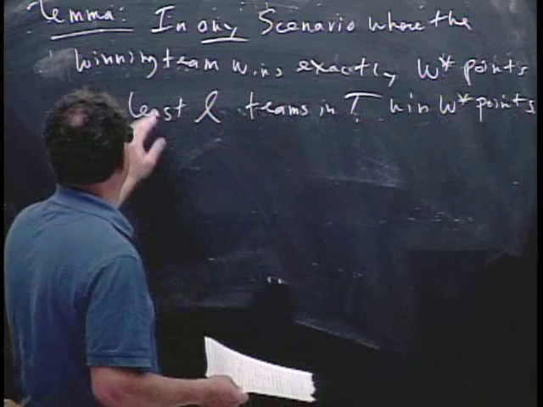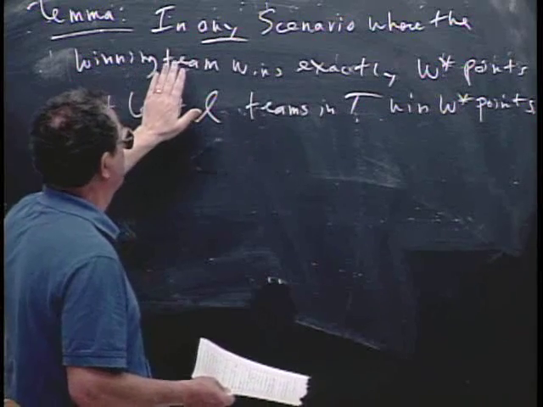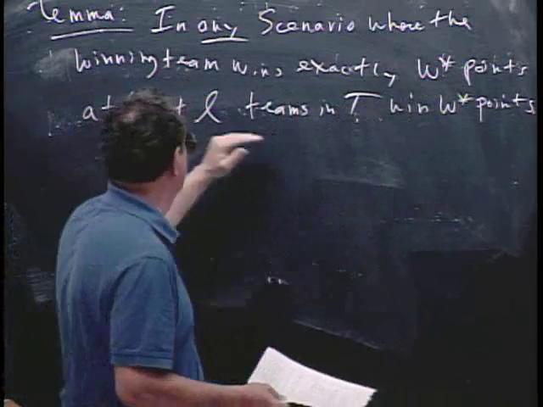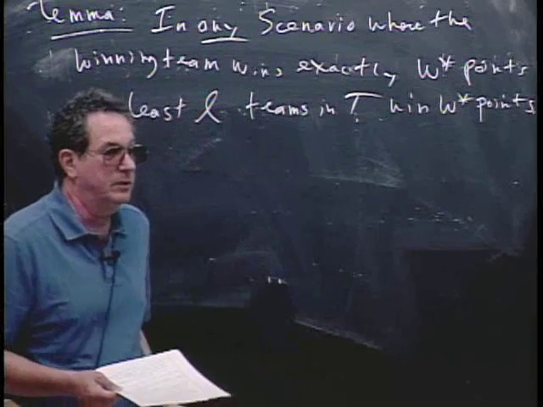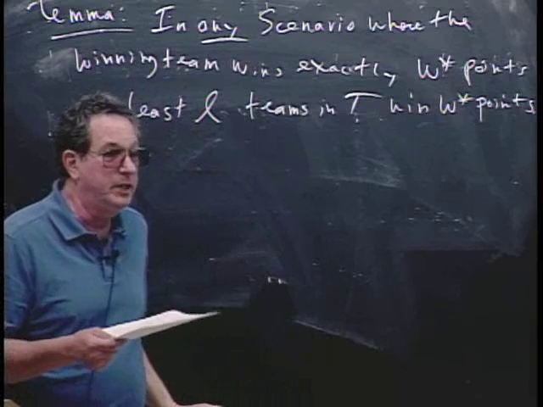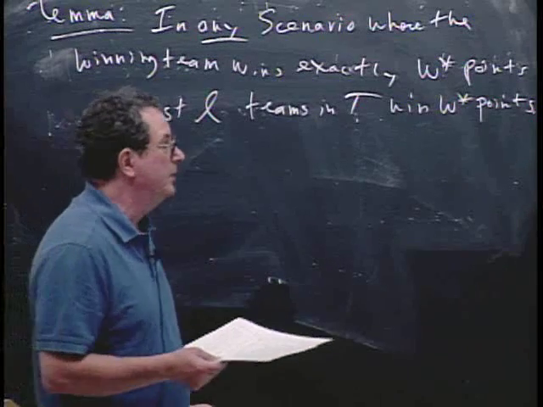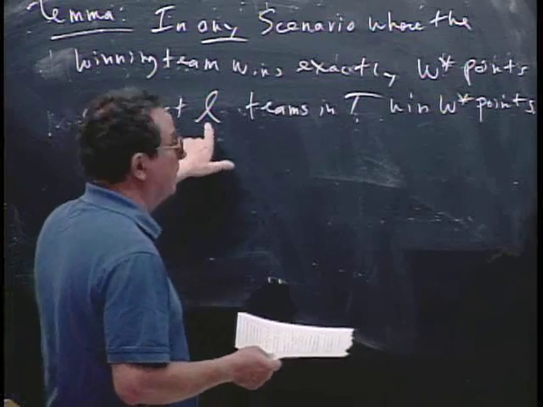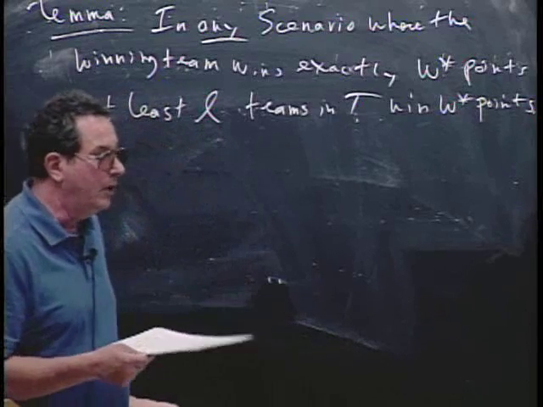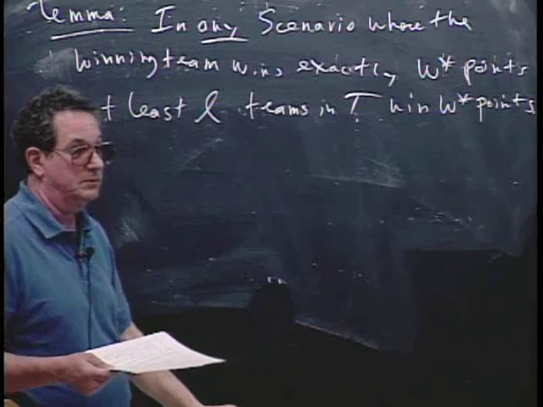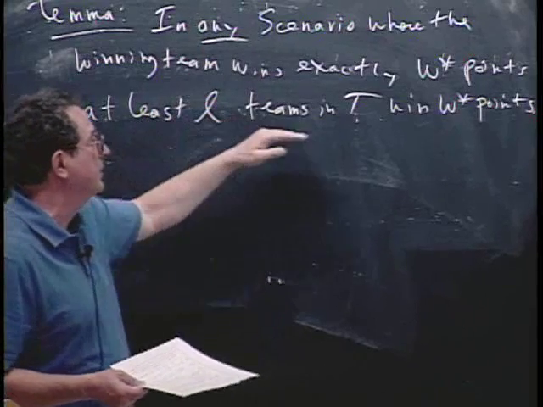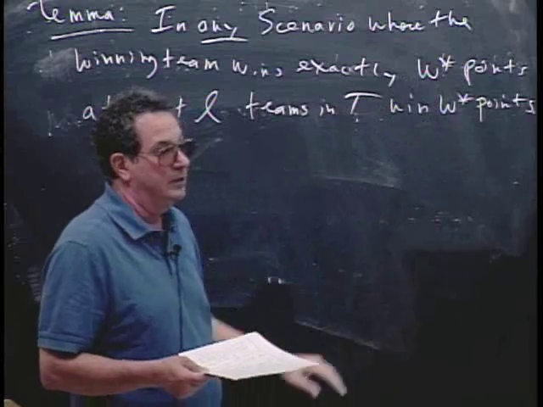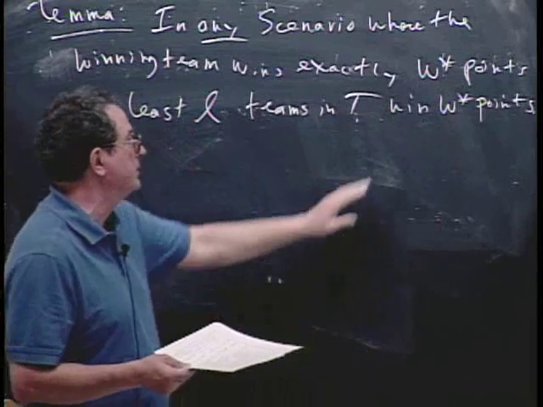Okay, if the team that has the most number of points has W star points, then at least L teams in T have W star points. So, as an immediate consequence, unless L is equal to 1, no team can be the undisputed winner. Because in every possible scenario, you'll have at least 2 teams that have W star points. Well, no team can be the undisputed winner if it has W star points.